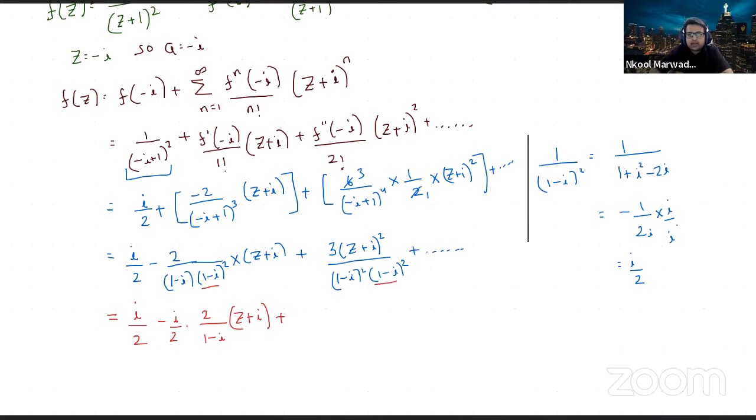So I can write i by 2 into i by 2 into 3 (z plus i) square, plus dot dot.